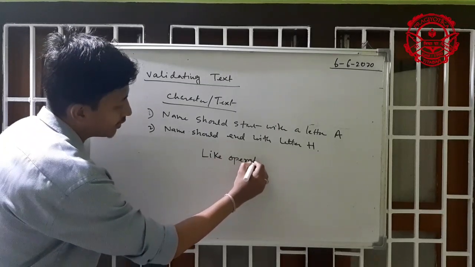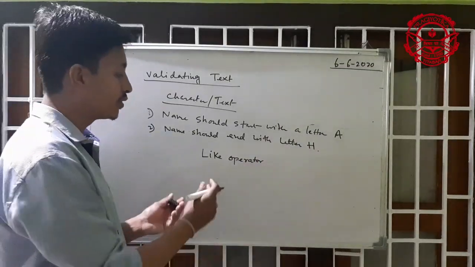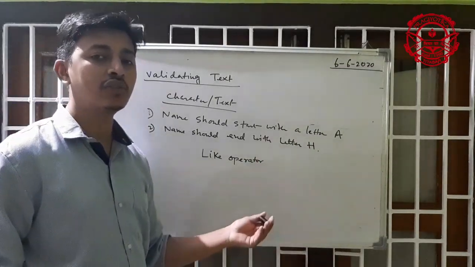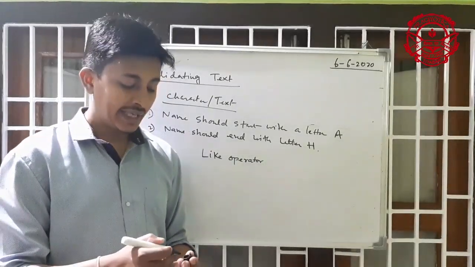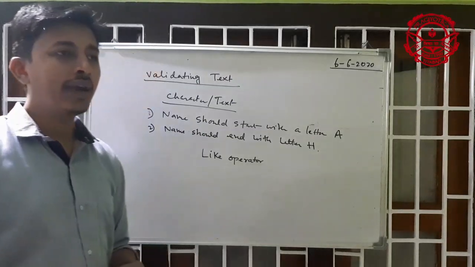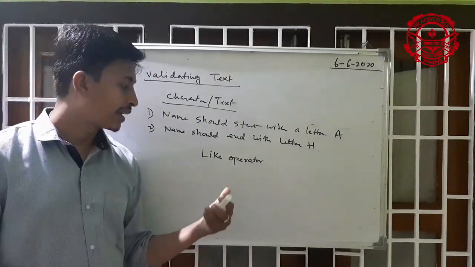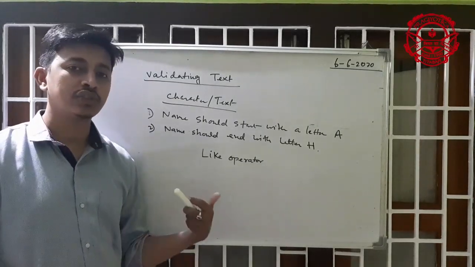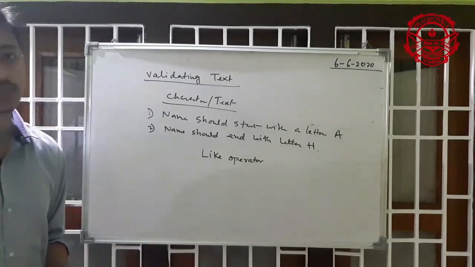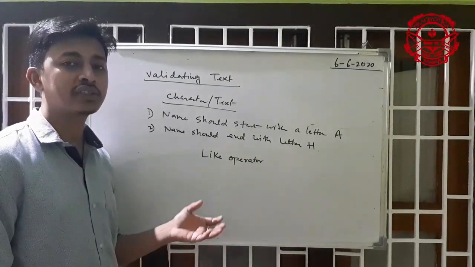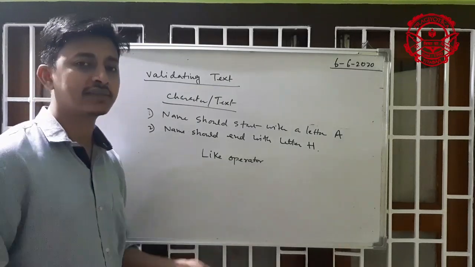The Like operator is used to search the letters, to do pattern search. In Google, when you search any information, the Like operator is also used. So the Like operator is basically used to search a string or characters.